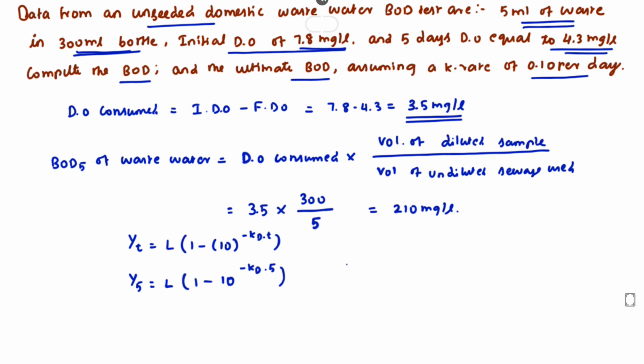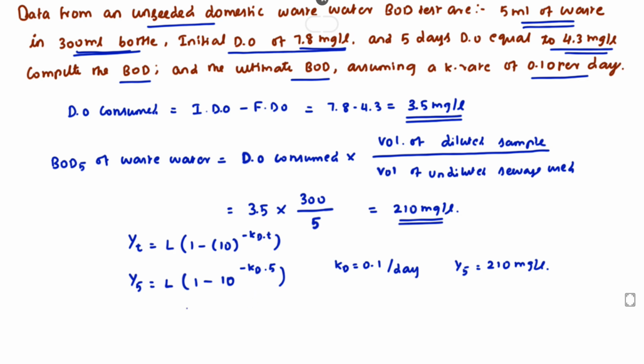We know Kd is 0.1 per day and Y5, as we found, is 210 milligram per liter.